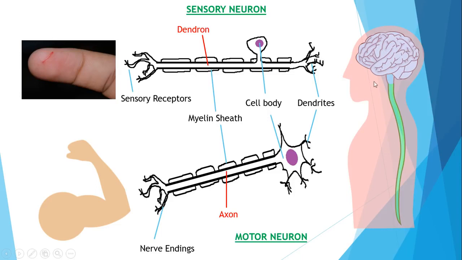As I said, the brain sends the impulses directly to the dendrites here. In the case of a motor neuron, it's got the cell body, and the line of transmission goes from right to left in this case. So it goes from left to right here and right to left here. It's quite important to understand the structure and be familiar with the terms and how to label these diagrams.